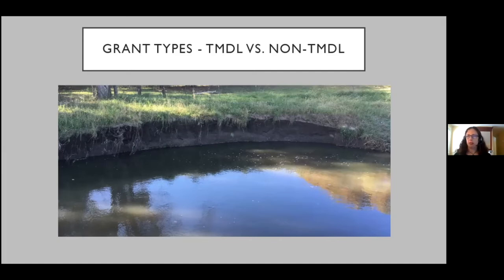So in such instances, stream bank stabilization would be an eligible TMDL TRM project, as long as the land use in the upstream watershed causing the erosion is agricultural, and as long as the stream bank stabilization implements the pollutant-specific goals of the TMDL.